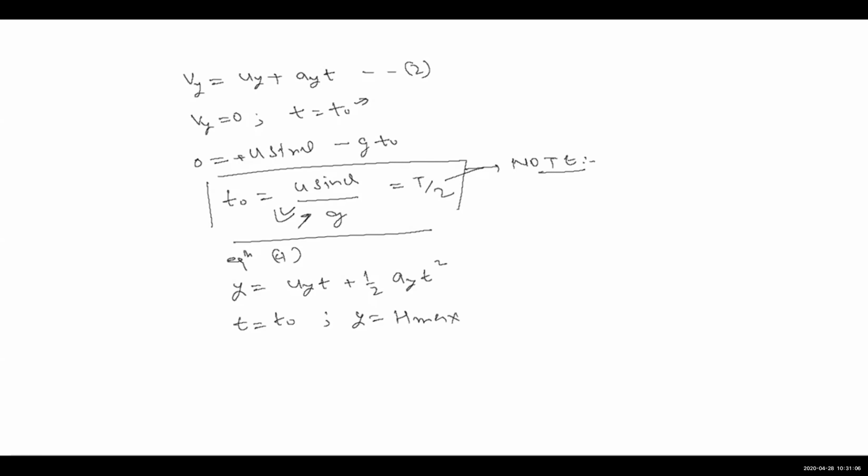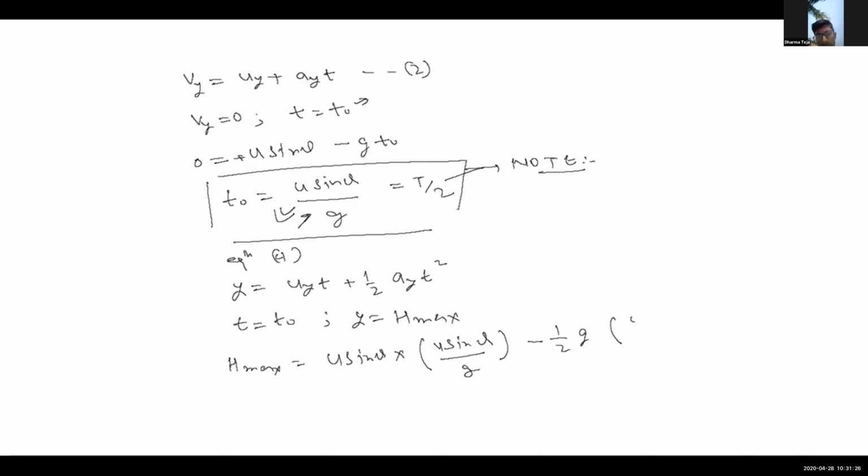So y becomes h max, uy is u sin theta multiplied with t naught, which is u sin theta upon g, minus half g t square, which is u square sin square theta upon g square.